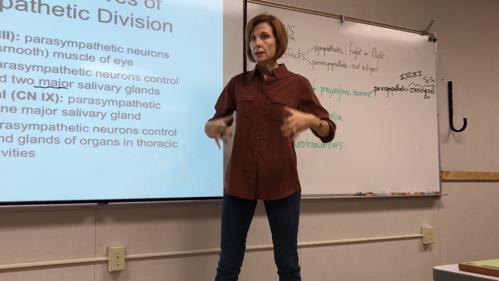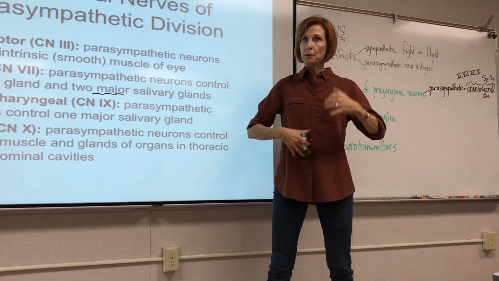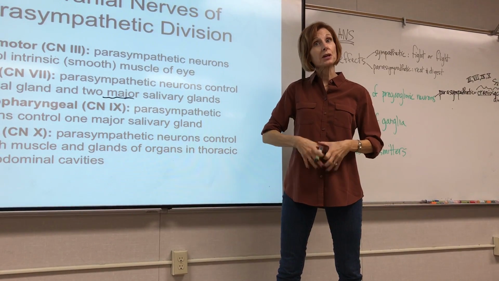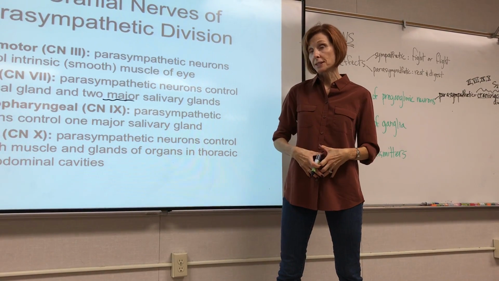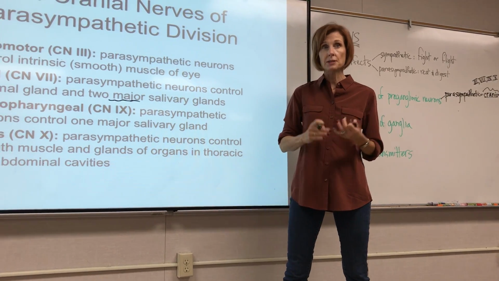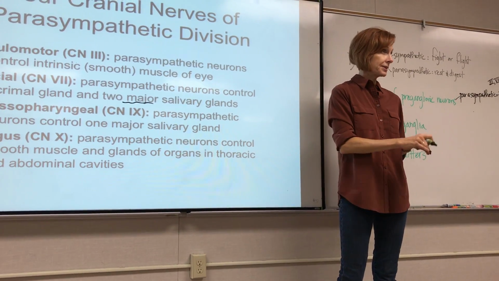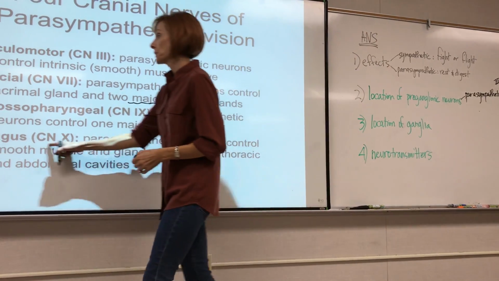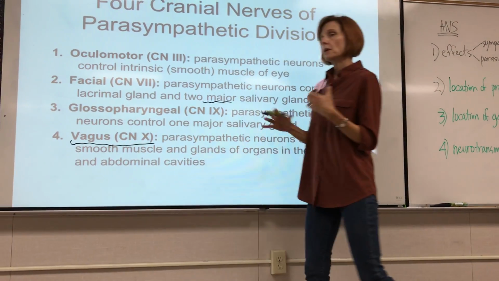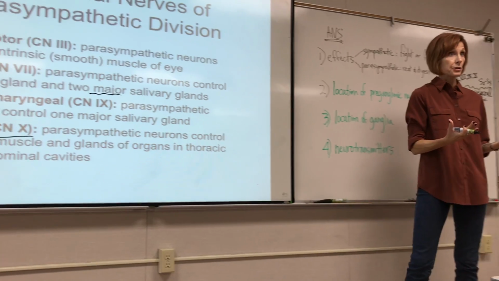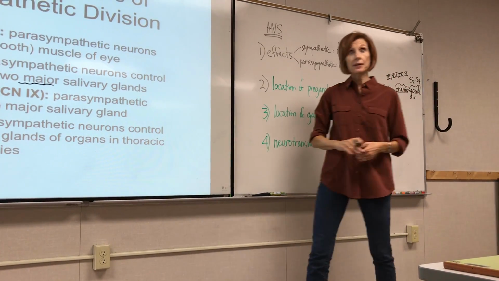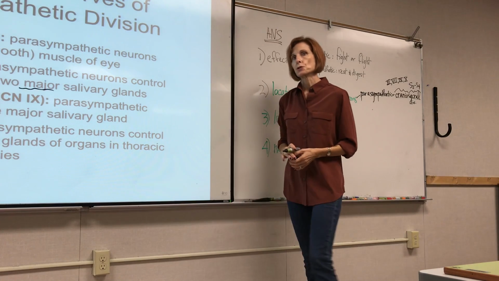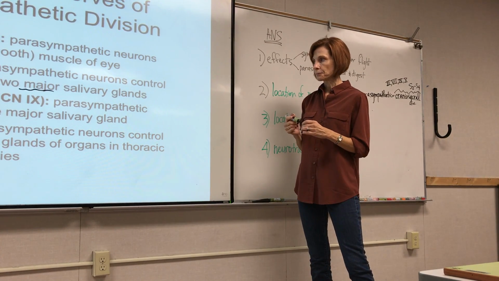So it's taking the sensory information from the organs, also carrying the parasympathetic neurons that go out to those organs, to the smooth muscle, the cardiac muscle, and the glands in those organs. This is the nerve that really is responsible for controlling how those organs are functioning. You will talk about this a lot when you take physiology. The vagus nerve will be important for you.